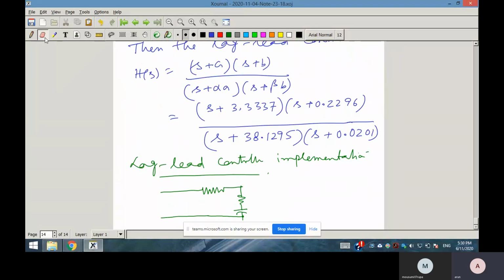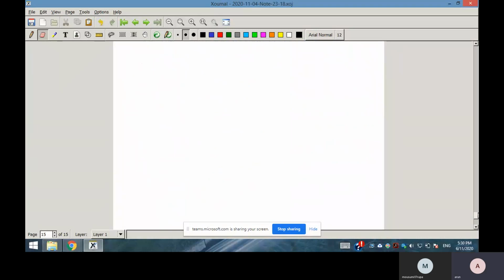Okay, so better to go on to the next page.